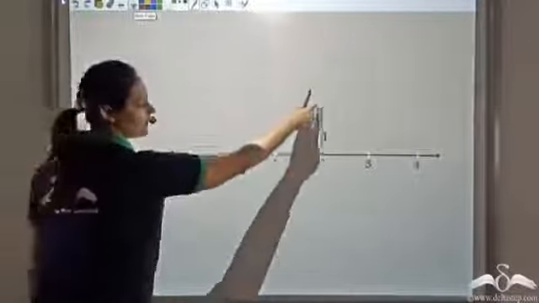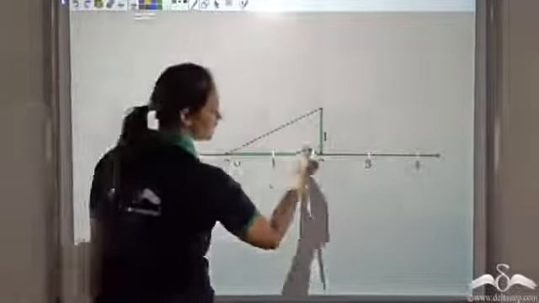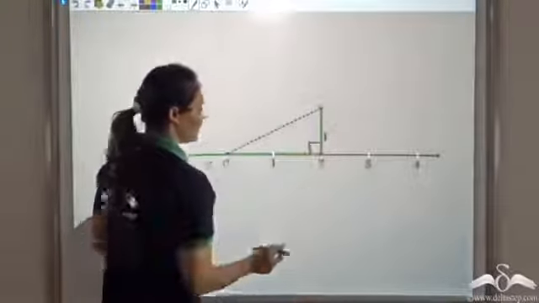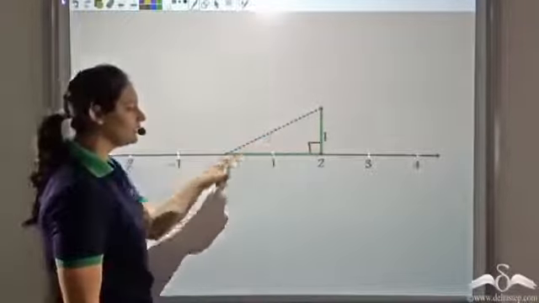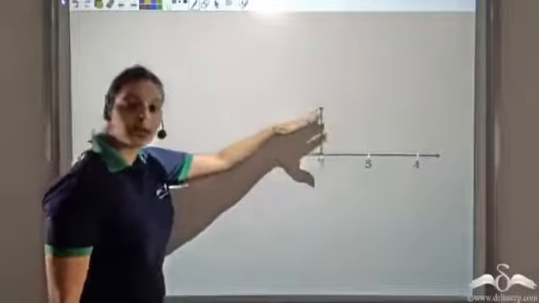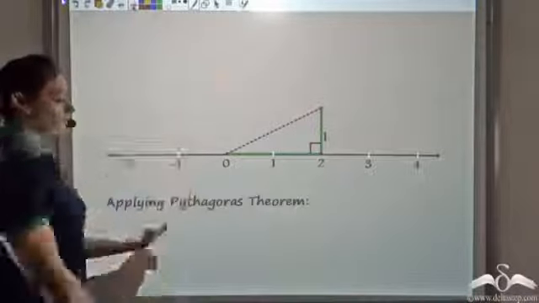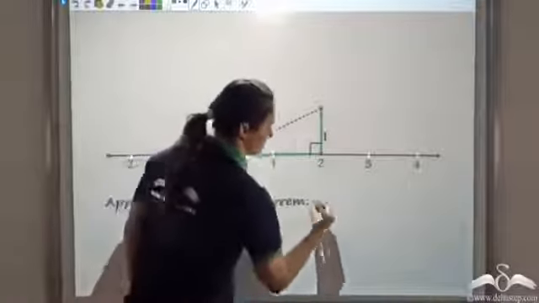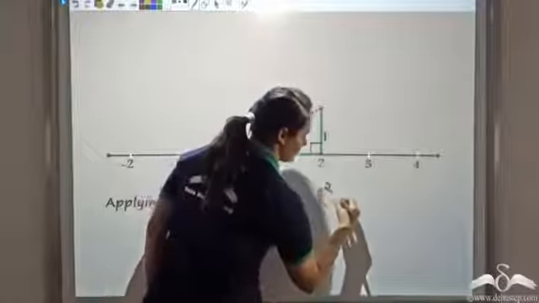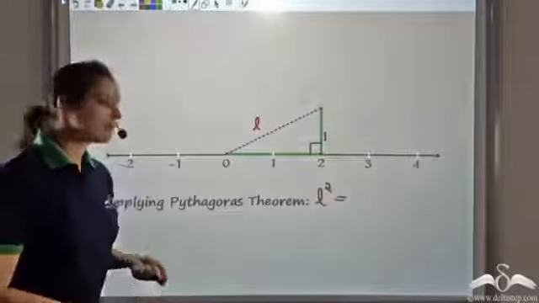Now again, if I complete this triangle, this would be a right angle triangle, where this line is nothing but the hypotenuse opposite to the right angle, and I can find the hypotenuse applying the Pythagoras theorem in a right angle triangle. So applying Pythagoras theorem, if this is L, I can say that L square, hypotenuse square, would be sum of squares of the other two sides.